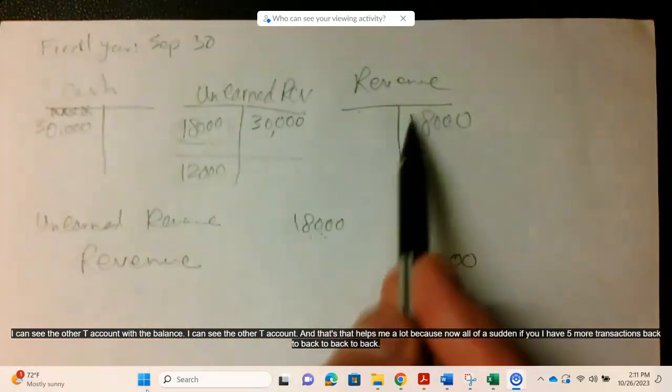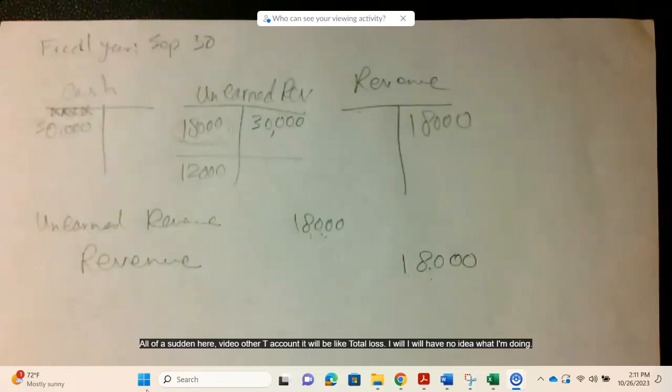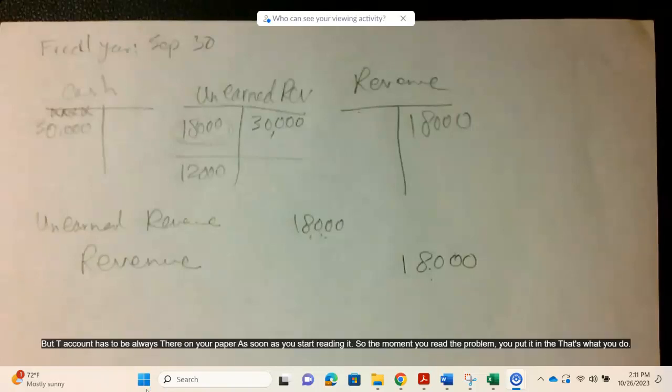That helps me a lot because if I have 5 more transactions back to back to back, without a T account it will be a total loss. I will have no idea what I'm doing. But the T account has to be always there on your paper as soon as you start reading. So the moment you read the problem, you put it in the T account. That's what you do.